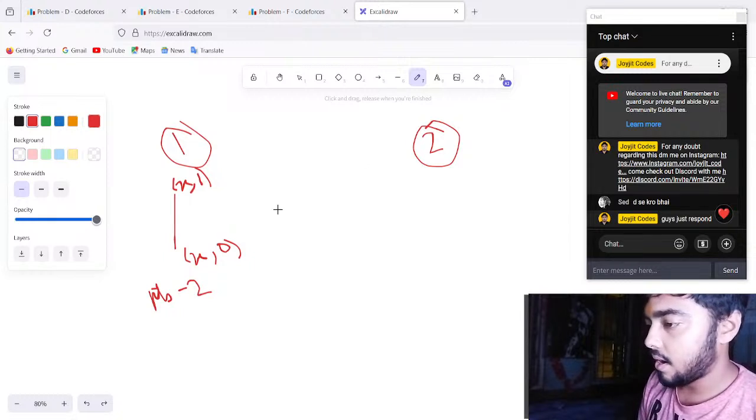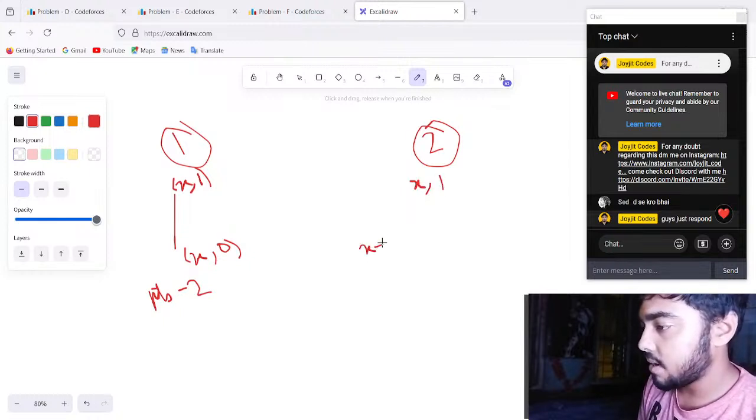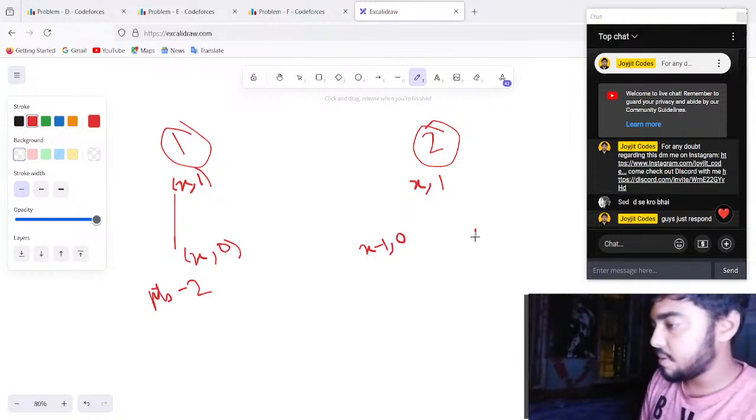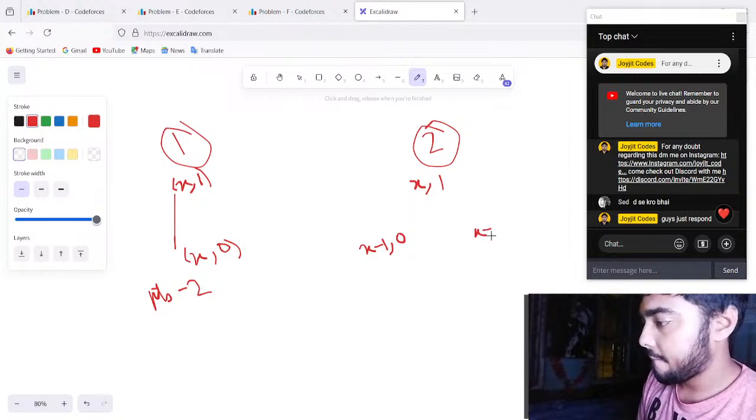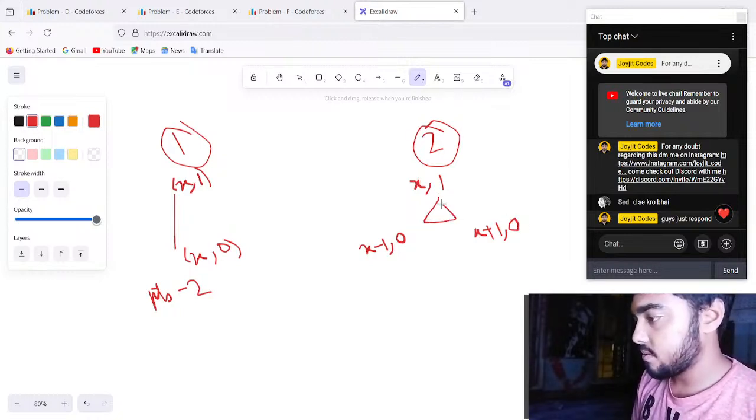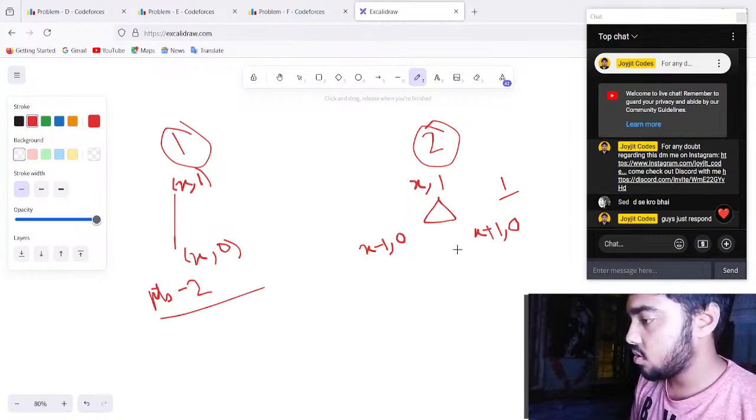And for this, any point at x comma 1, if it has x minus 1 comma 0 and x plus 1 comma 0, then it is going to make 1 point. This was points minus 2, and this is going to make 1 point.